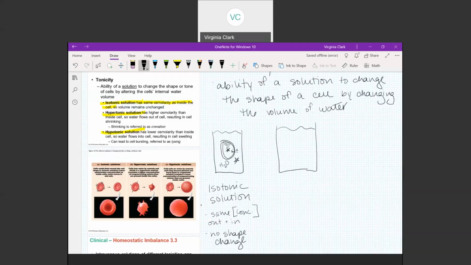So in a hypertonic solution, you have a higher osmolarity outside the cell. So there are more things, a higher concentration, out of the cell.